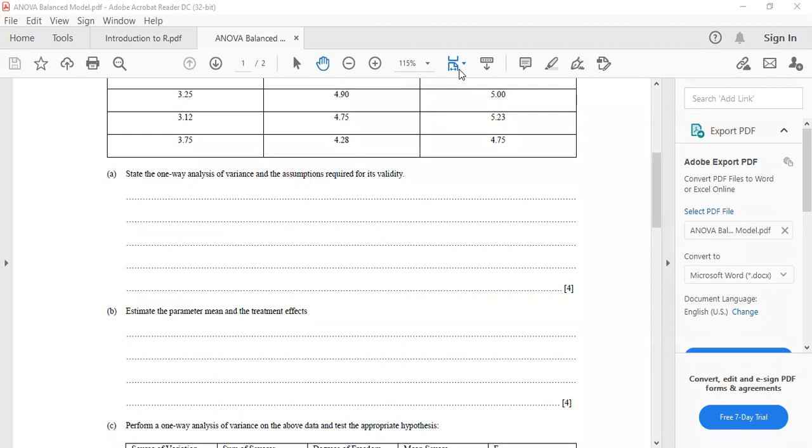Y bar 1 dot is 3.588. And your y bar dot dot is what? That is for the grand mean. It's 4.35333. So when you subtract, what do you get? Negative 0.765333. Excellent.